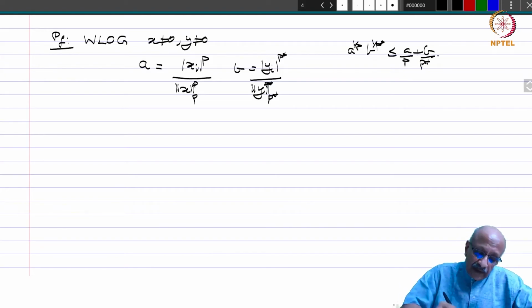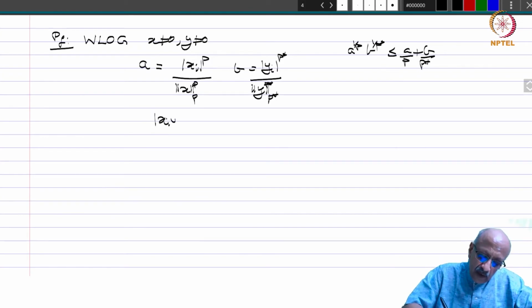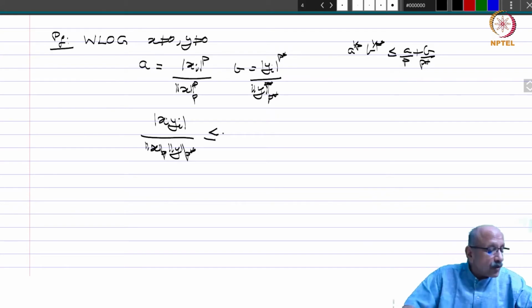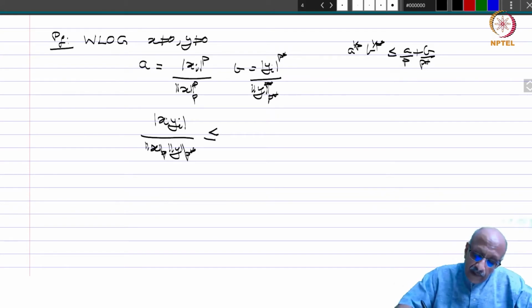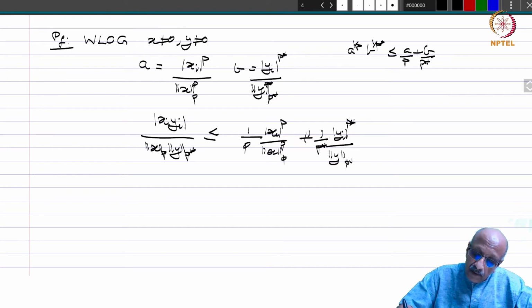So if you write that, you get |xi yi| / (||x||_p ||y||_p star) is less than or equal to (1/p)|xi|^p / ||x||_p^p plus (1/p star)|yi|^p star / ||y||_p star^p star.